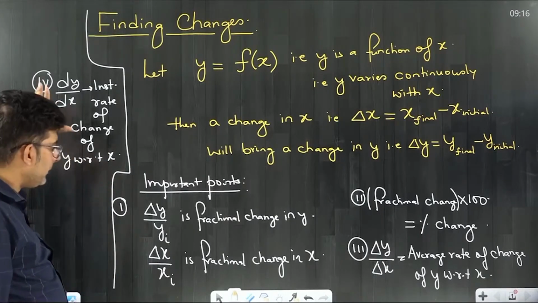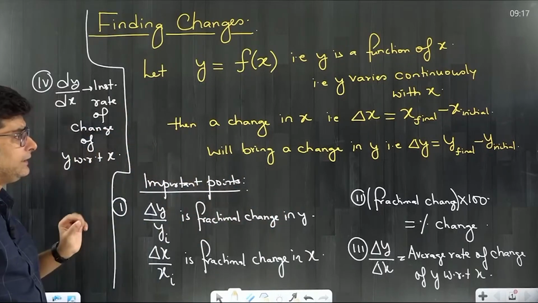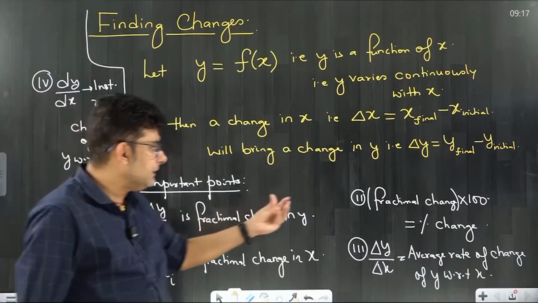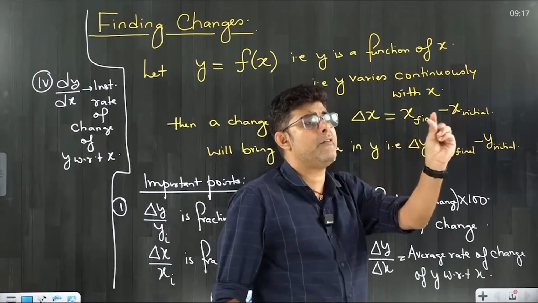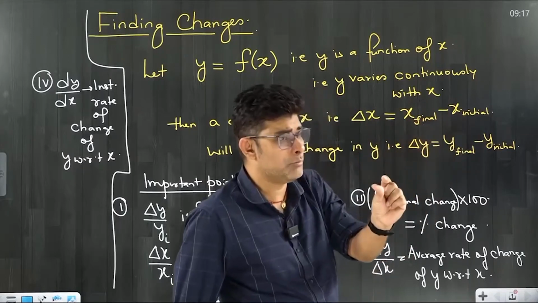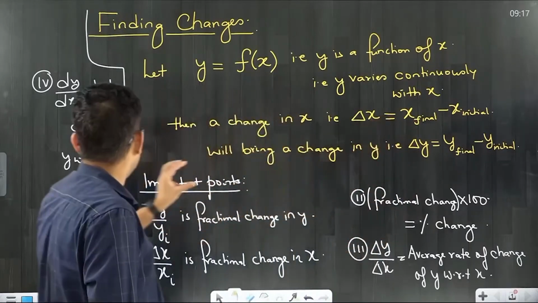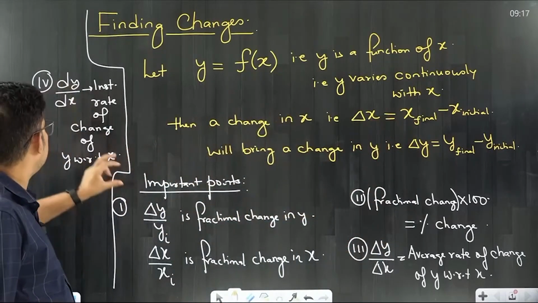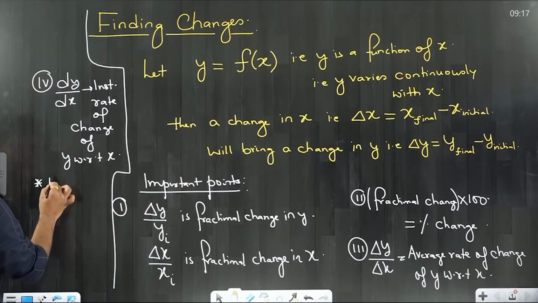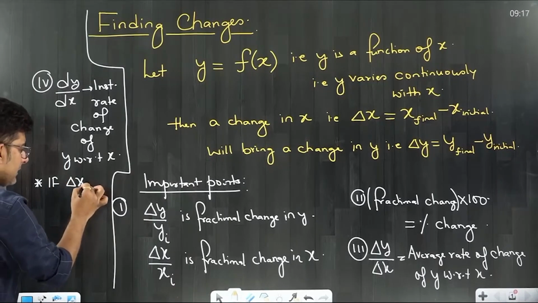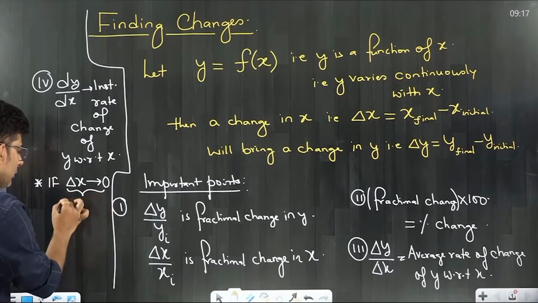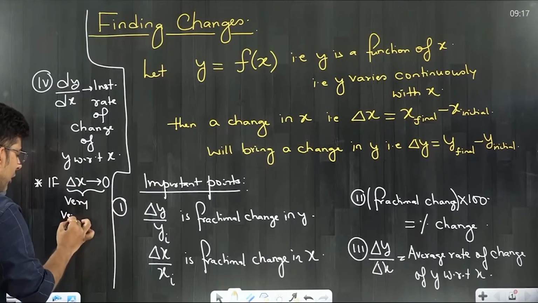Now what is the relation between the average rate and instantaneous rate? It is simple. When the interval in x, the change in x, is very small, delta x we write as dx and delta y by delta x becomes dy by dx. So if delta x is approaching 0, that means delta x tends to 0, this means very small change.